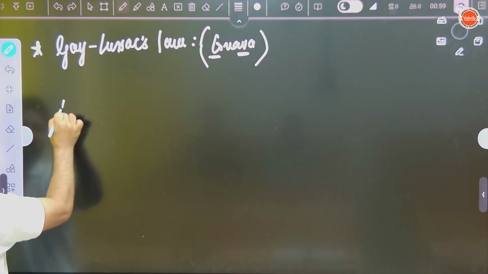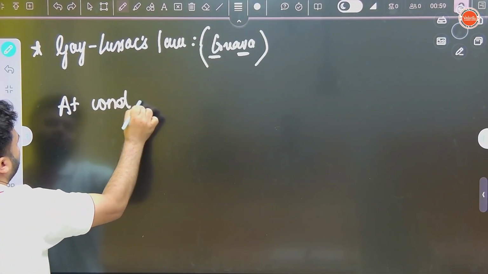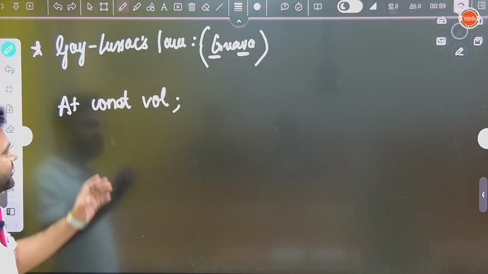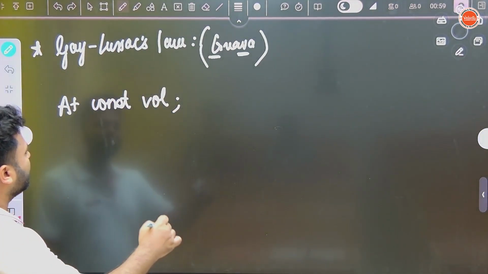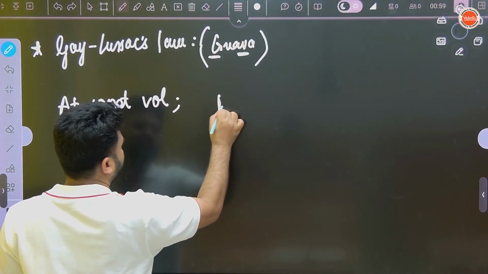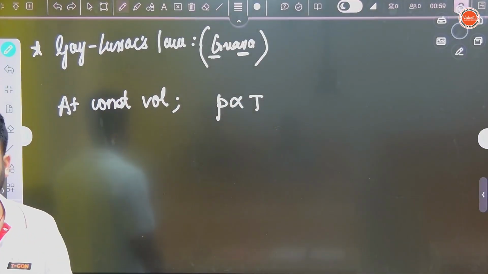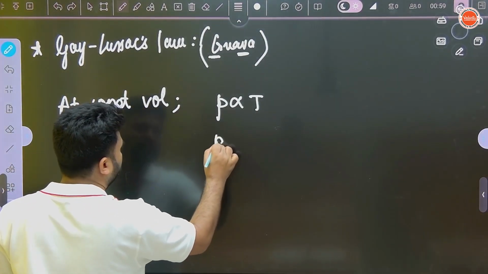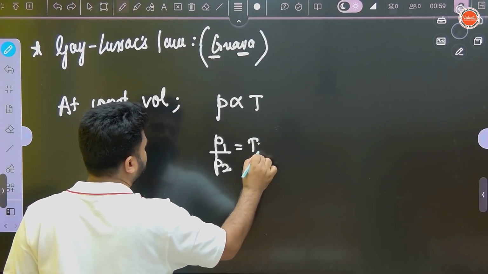What does it say? At constant volume, in Gay-Lussac's law the volume will be constant. If the volume is constant, pressure is directly proportional to temperature. If you increase the pressure, the temperature will increase. So we can write P1 by P2 equals T1 by T2.